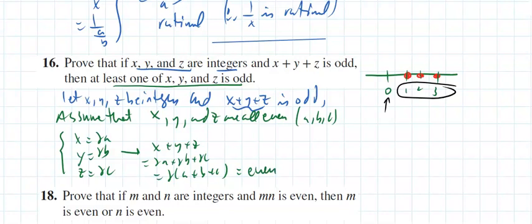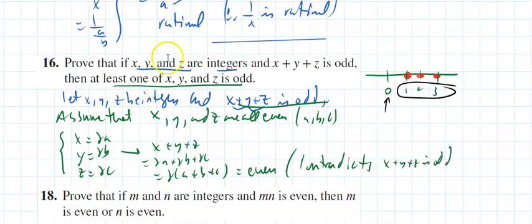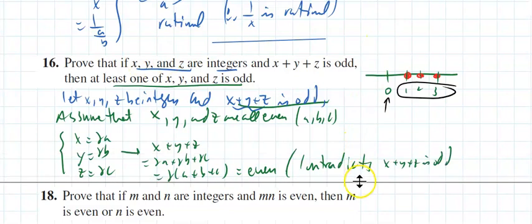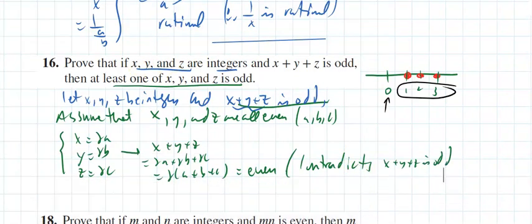And this contradicts that x plus y plus z is odd. Therefore, our assumption must be wrong.